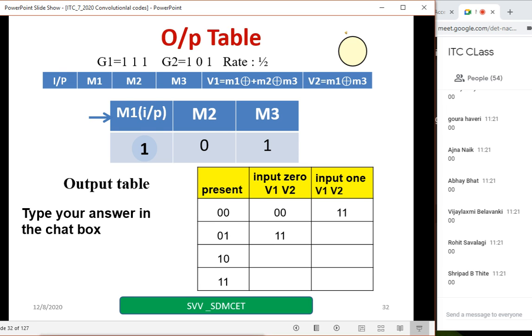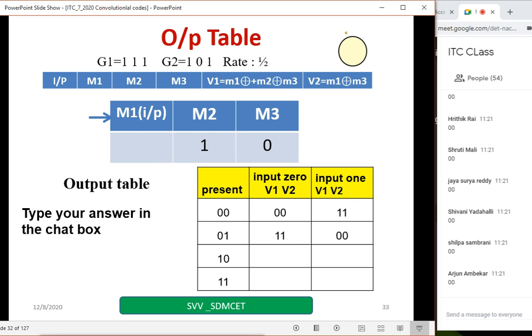Okay, Vijay Lakshmi, Rohi, Sripad, all are typing 0, 0. Gaurya, Adya, Shruti, Jaisurya, Shivani, Shilpa, Arjun. Because first and last is 1, 1, even if you add all the three, add first and last, the answer will be 0, 0.